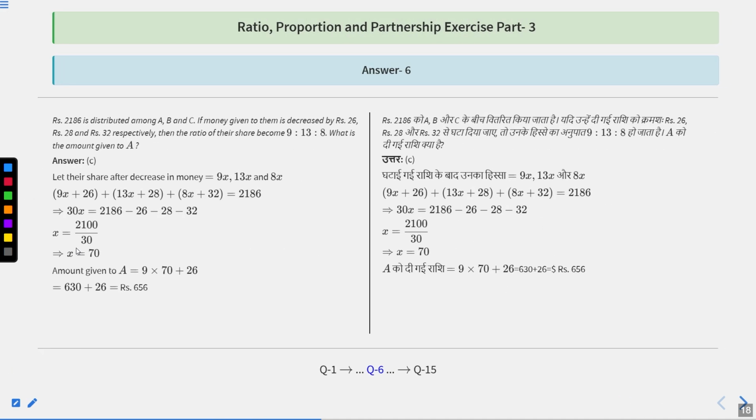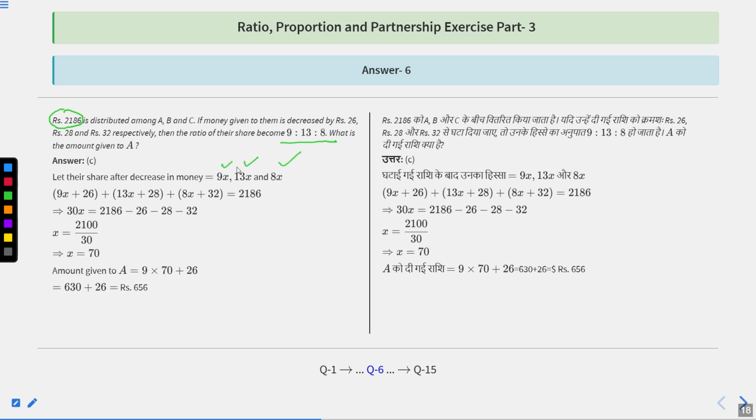Now the question says, when the amount of money is decreased by 26, 28 and 32, then the ratio becomes 9:13:8. Clear? And the total amount distributed between these 3 persons is 2186. It is given in the question. So after decreasing, the ratio is 9x, 13x and 8x.